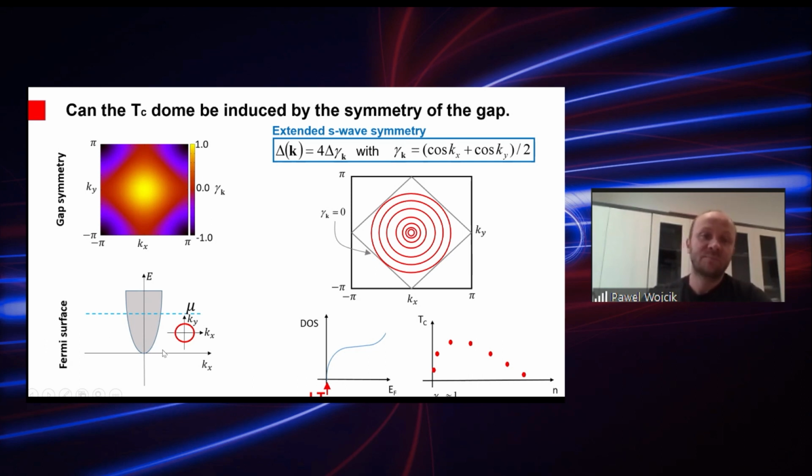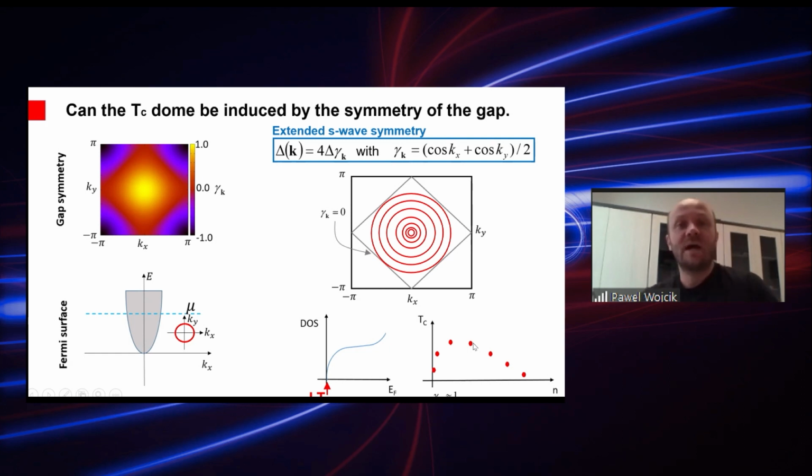However, if we increase the chemical potential, the Fermi surface becomes bigger and bigger, and it starts to be close to these gray lines where the symmetry factor is equal to 0. So from some point here, we should observe a decrease of the critical temperature.